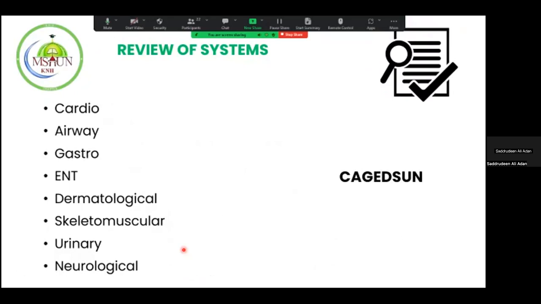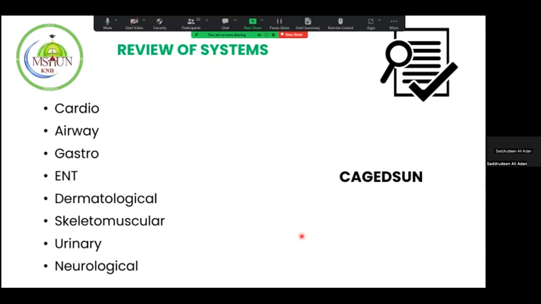ENT, is there any discharge from the ear, nose, or throat, or any throat pain? Dermatological, is there any skin abnormality? Skeletal-muscular, is there any scoliosis, kyphosis, or abnormal gait or movement? Urinary, you're asking about any pain on urination, the color of the urine, is there hematuria or blood in the urine, etc. Neurological, asking about any history of headache, seizures, or epilepsy. So the mnemonic here is CAGED SUN.